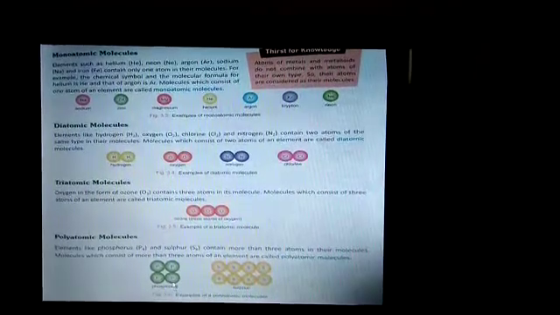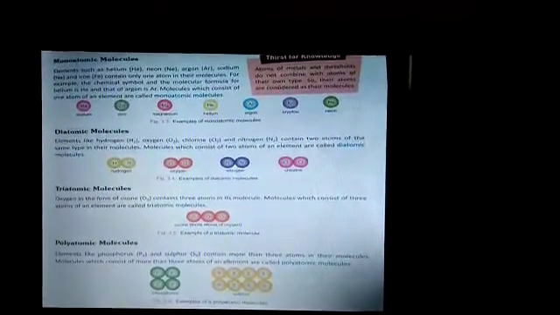You can see the first one, phosphorus, containing 4 atoms, and the second one is the sulfur molecule containing 8 atoms of sulfur. So these are the pictures of the molecules depending upon the number of atoms.